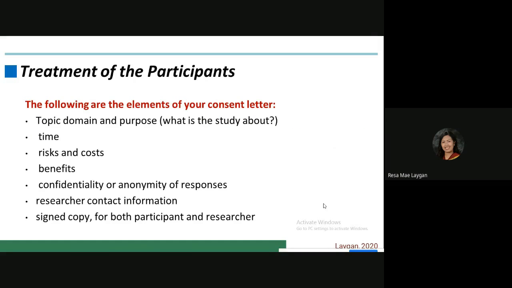These are the important elements of your consent letter. You have the topic or domain and purpose, or what the study is all about, the time needed by your participants, the risks and the costs, the benefits, the confidentiality or anonymity of their responses, the researcher contact information, and the signed copy for both participants and researcher.